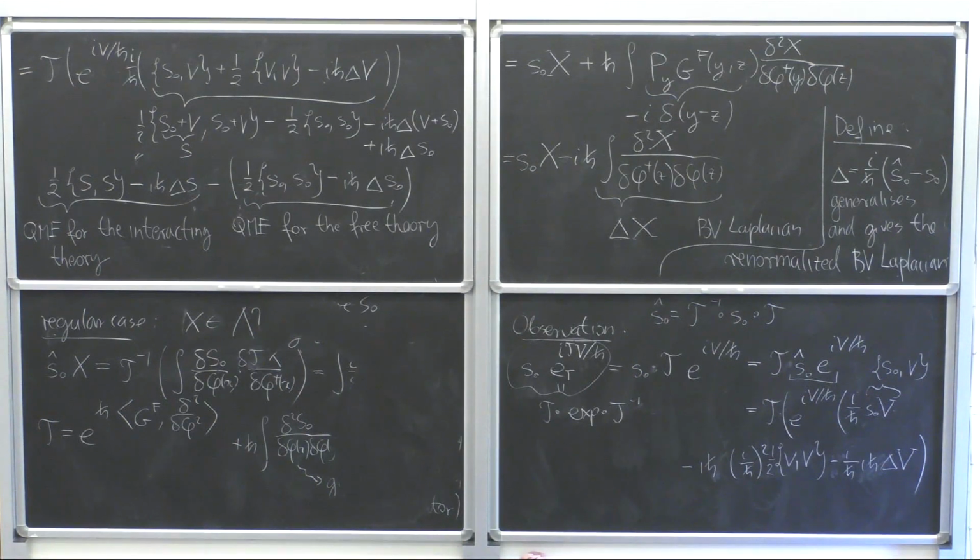S0 for a scalar field doesn't depend on anti-fields, so it doesn't matter how you renormalize things.